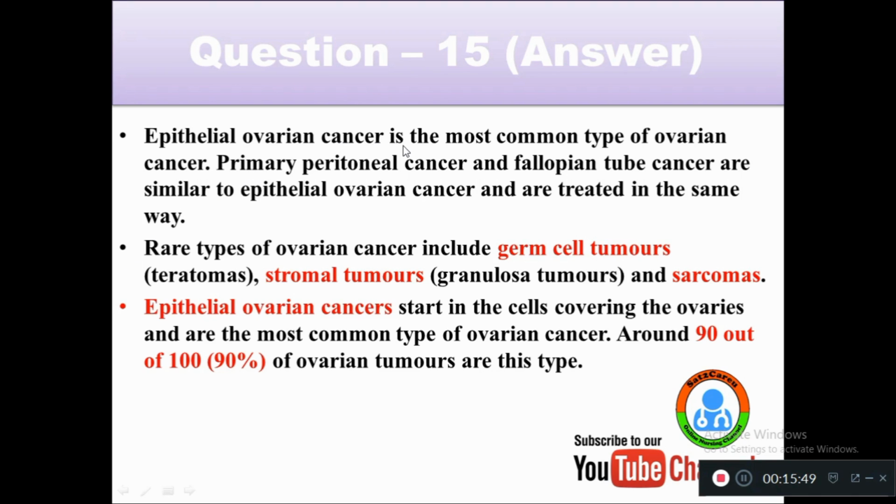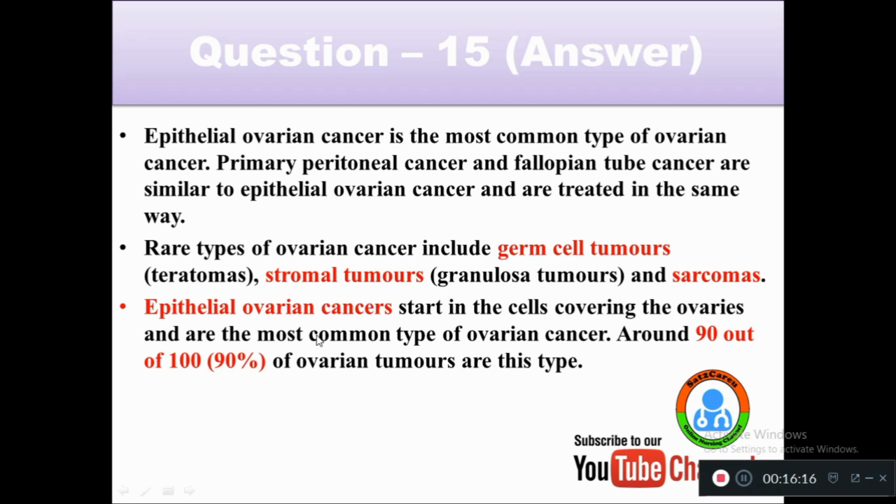Epithelial ovarian cancer is the most common type of ovarian cancer. Primary peritoneal cancer and fallopian tube cancer are similar to epithelial ovarian cancer and are treated in the same way. Rare types of ovarian cancers include germ cell tumors, which include teratomas, stromal tumors, also called granulosa tumors, and sarcomas.